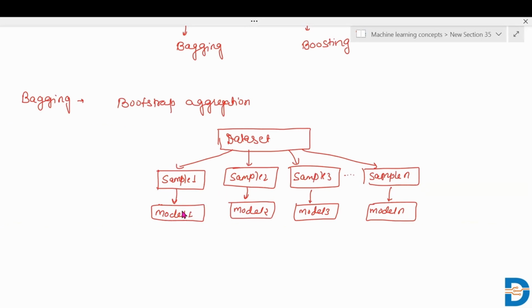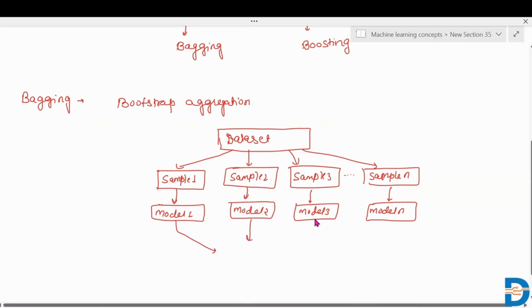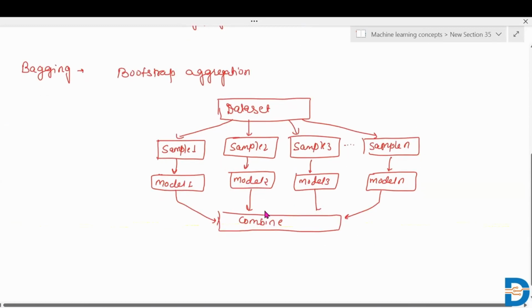So we can use any model in that, either linear regression, logistic regression, KNN, decision trees in place of these models. Okay, so then we will combine the outputs of these models, and the final output will be the combination of these models.